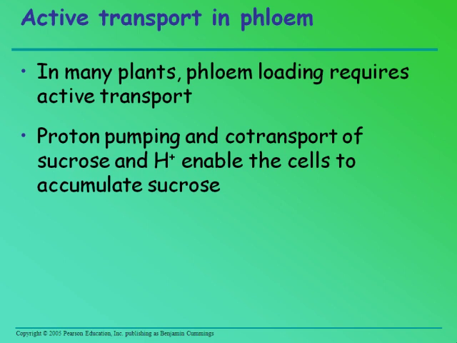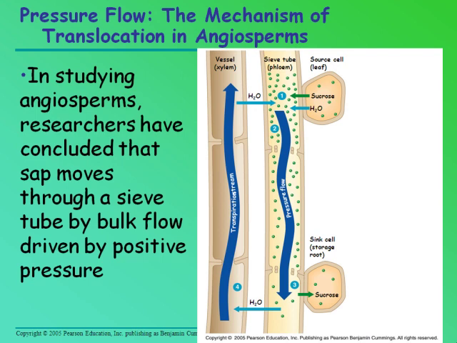Once hydrogen ions are pumped out of the cell, they co-transport back in with the sucrose, flowing down their concentration gradient. And this enables the cell to accumulate sucrose.